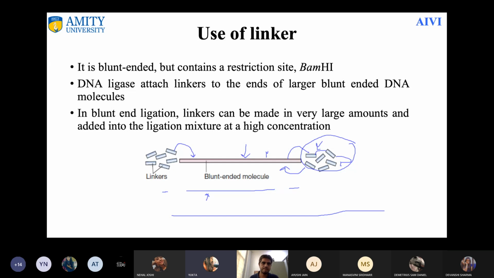And sir, what are PCR inhibitors? What enzymes are those? PCR inhibitors will be discussed when we talk about PCR. We haven't talked about PCR in this module.